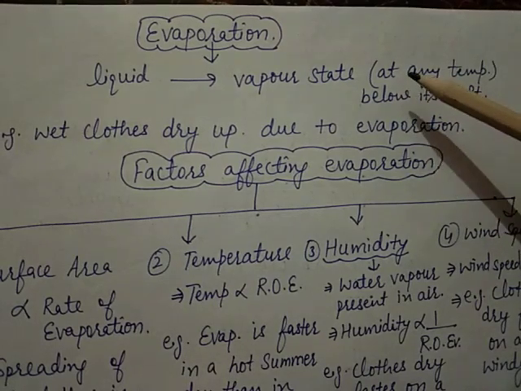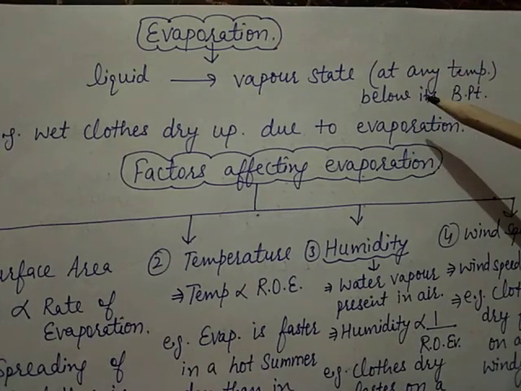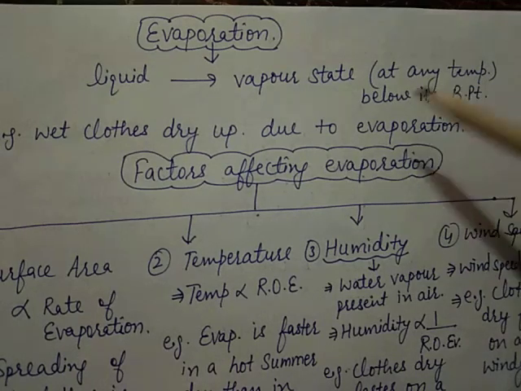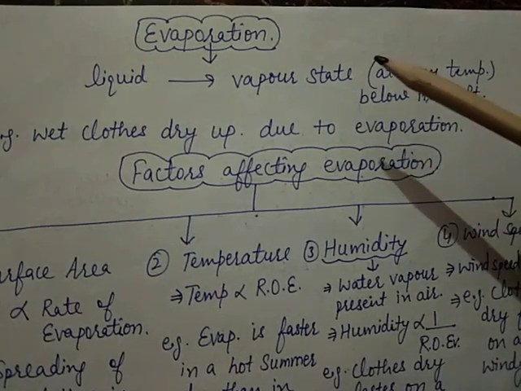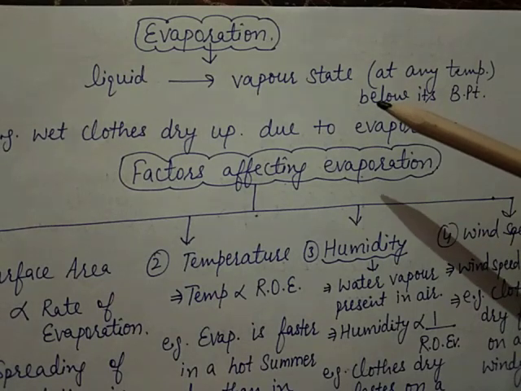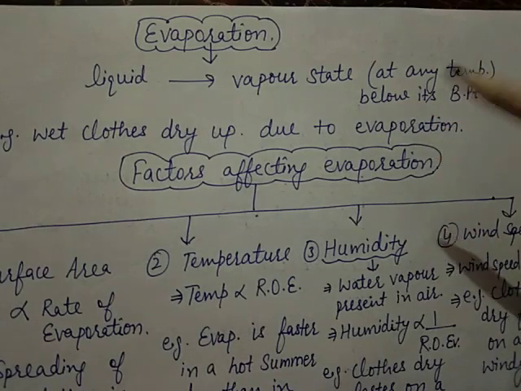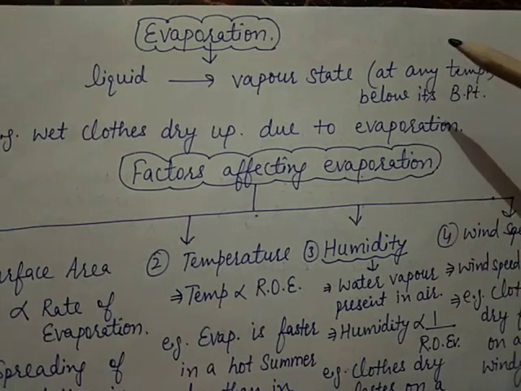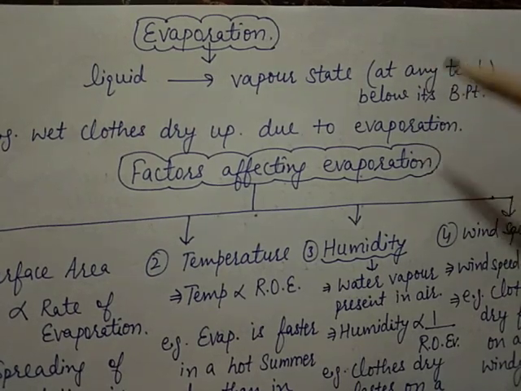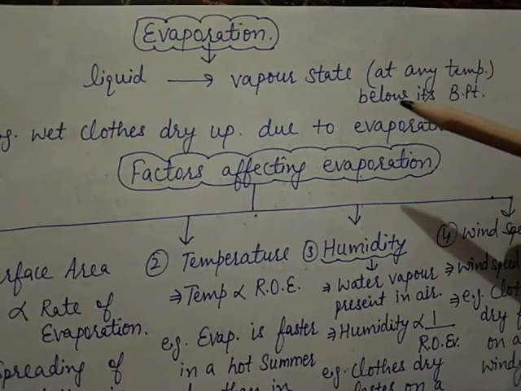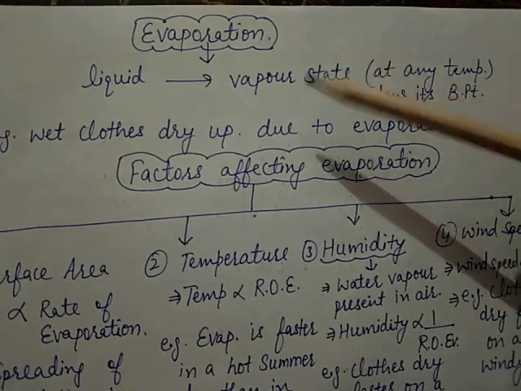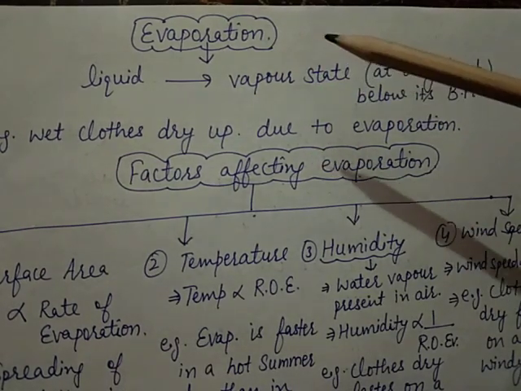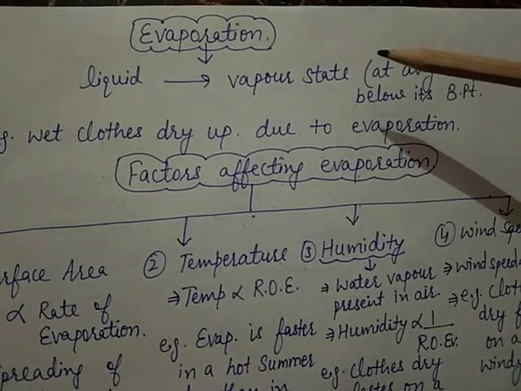Third, heating takes place during boiling, meaning heating is required. For boiling, heat is taken from an external source, like a burner. So these are the simple differences between evaporation and boiling.